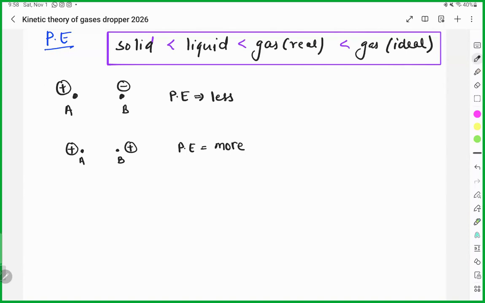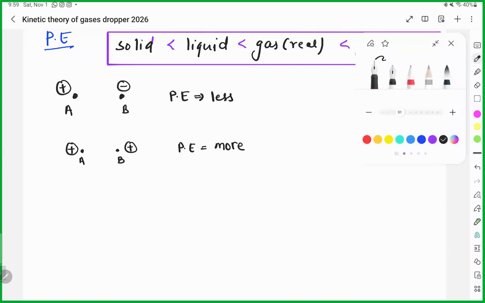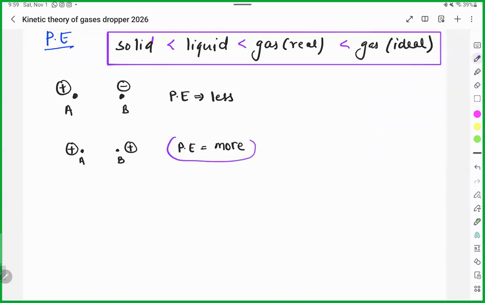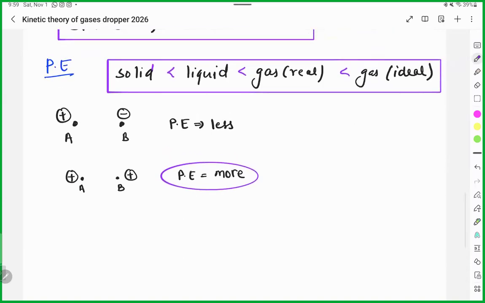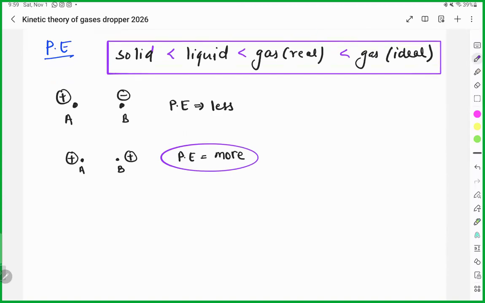When you bring them closer, you have to put in a lot of force, a lot of energy. It means potential energy will increase, and overall energy will increase. Makes sense? So that's why in the case of an ideal gas, because the particles are at maximum distance, their potential energy will be maximum.